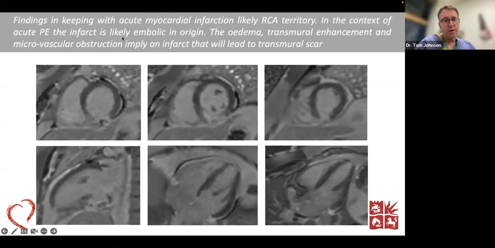The report from our radiologist said the findings were in keeping with an acute myocardial infarction in the right coronary territory, and in the context of his acute PE and previous PE and DVTs, this was most likely embolic in origin. Most concerningly, the edema and the transmural nature of this injury, along with the microvascular obstruction, suggested that he was going to sustain quite a large inferior wall transmural infarction.